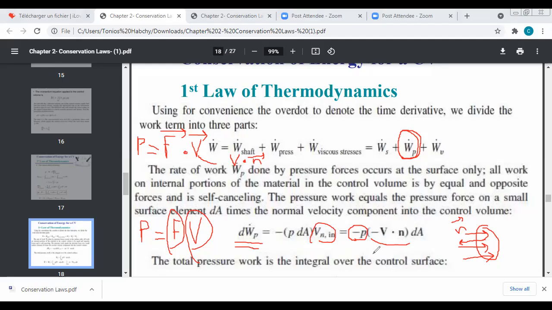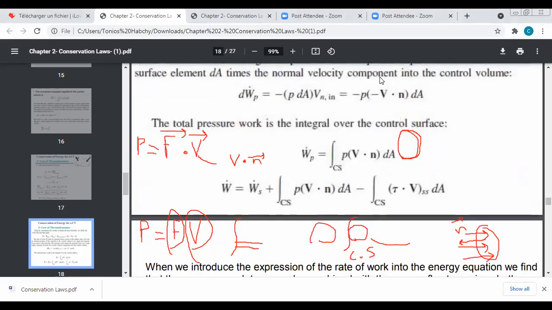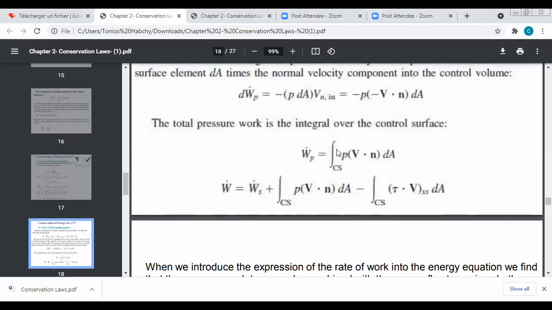Then, if I want to take the total term over the control surface, I can replace the total pressure work as the integral over the control surface of P times V dot n dA. So what can I deduce? I can deduce that the work of pressure forces can be calculated as an integral term over my control surface.